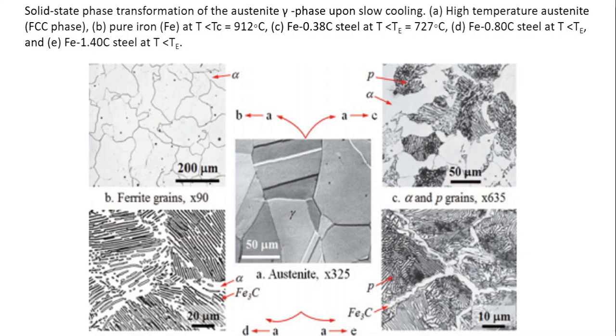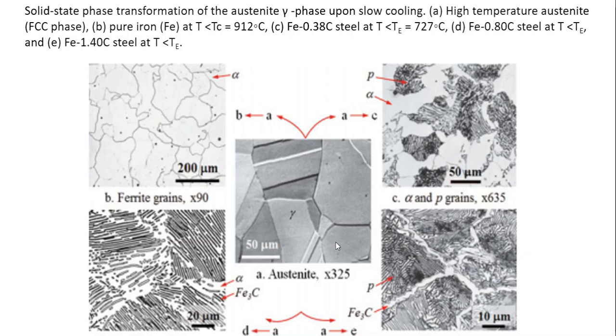So this slide shows the microstructures that are produced when austenite of different carbon concentrations is transformed. A shows the original austenite microstructure. You can notice some twinning here, and so this is a single phase austenite.